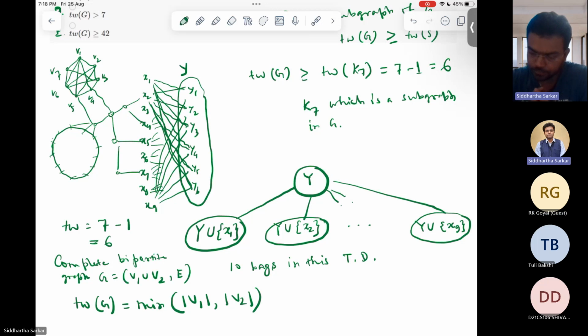In this case, the cardinality of one set is 9 and the cardinality of the other set is 6. The minimum of 9 and 6 is 6. So therefore, the tree width we have found is 6.